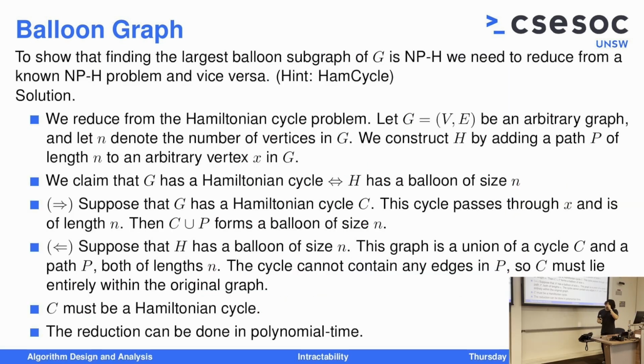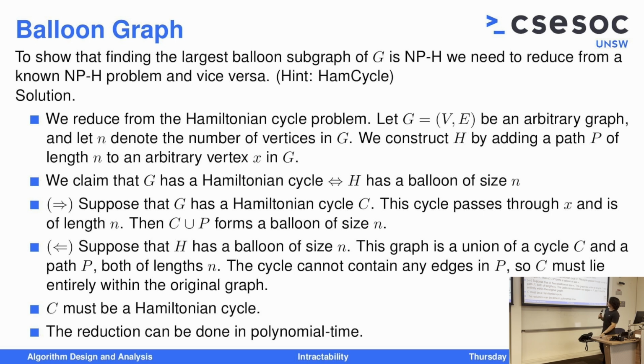Here's the solution, and when we're asked to answer a question like this, just follow this format, always. We reduce from the Hamiltonian cycle problem. Let G = (V, E) be an arbitrary graph. It's important that it's arbitrary.